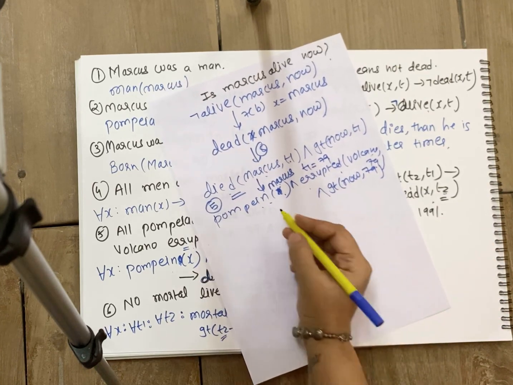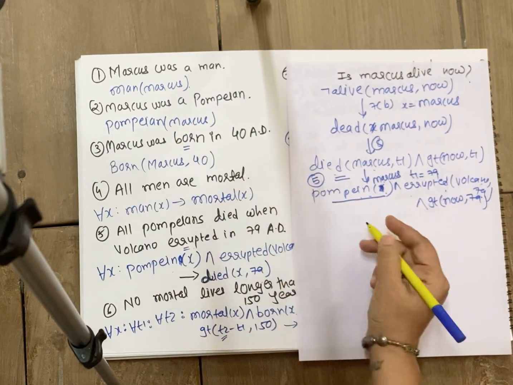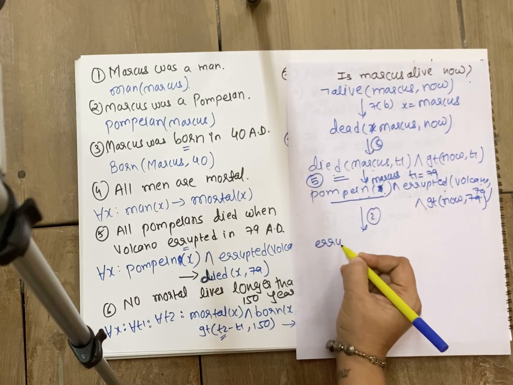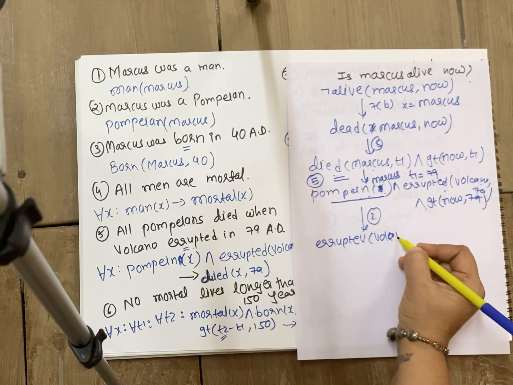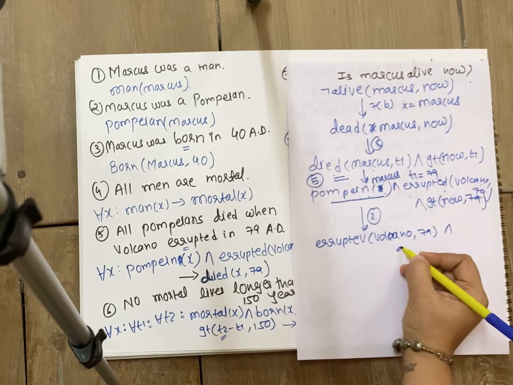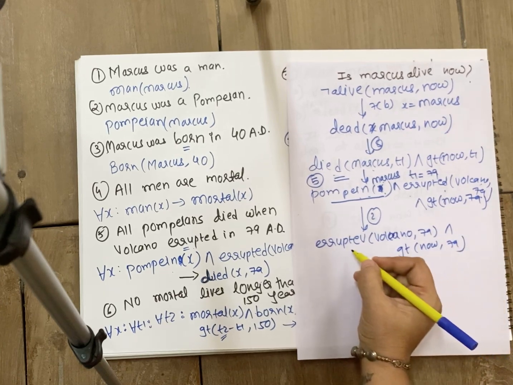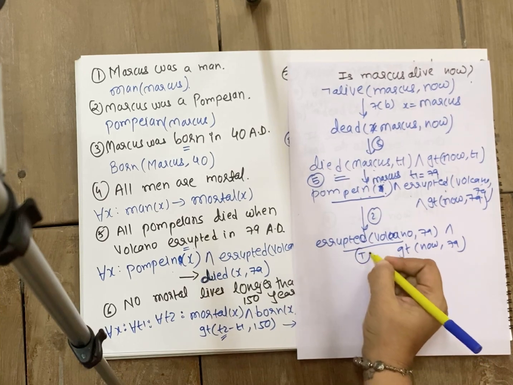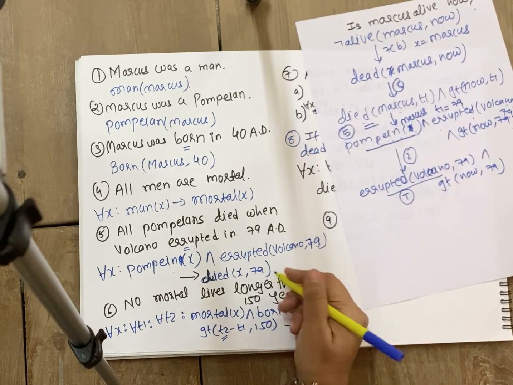Now see, Pompeian Marcus is available directly as fact number 2, so this is true. What is remaining? Erupted volcano in 79 and greater than now comma 79. Erupted volcano is also true, since it is given as a fact that the volcano erupted in 79. There is no variable.